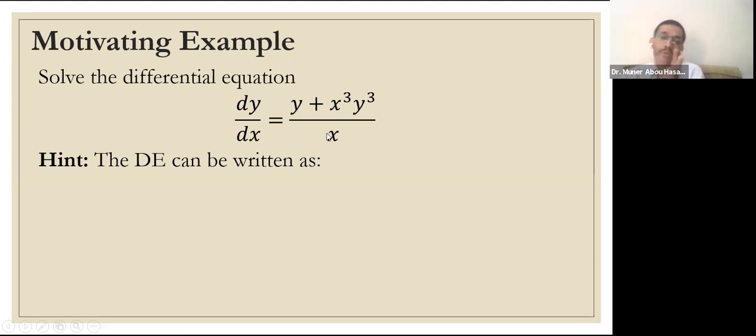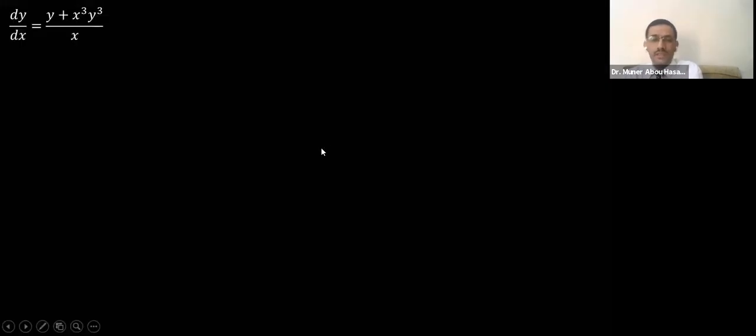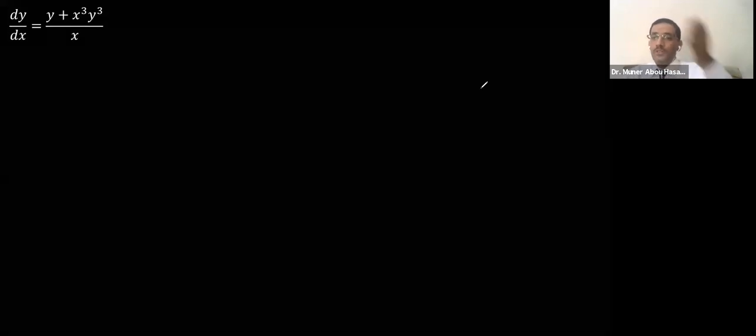I'm going to change the form of the right-hand side. So let me write everything in detail here. Look what I'm going to do. I checked if this equation is one of the previous forms, but unfortunately it isn't at all. So I'm only going to change the form of the right-hand side. Don't forget that I checked if it's separable, homogeneous, or exact, and it isn't any one of the previous forms.